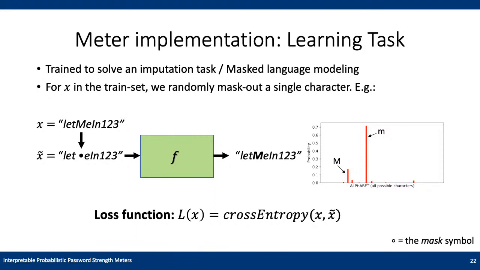More precisely, the model produces as output a probability distribution over all the possible characters the masked character can assume. Eventually, the model is trained with a cross-entropy based loss function that measures the distance of the produced probability distribution in consideration of the correct character.